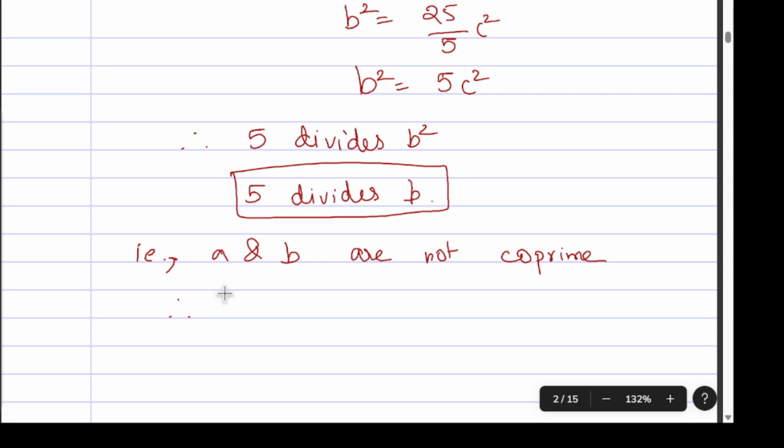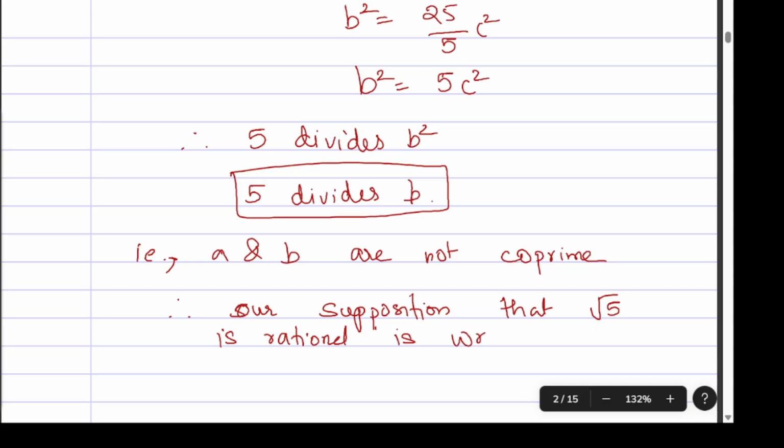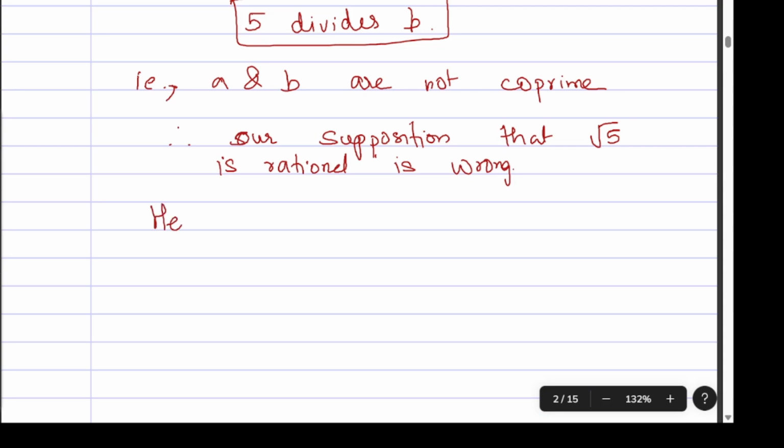Therefore our supposition that root 5 is rational is wrong. Hence, root 5 is irrational. Okay, now this one is clear, right?